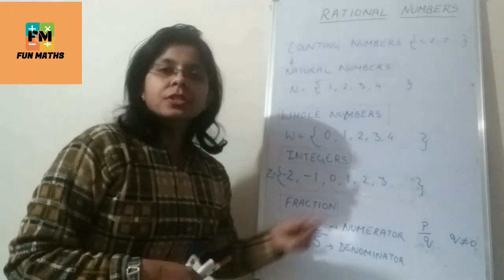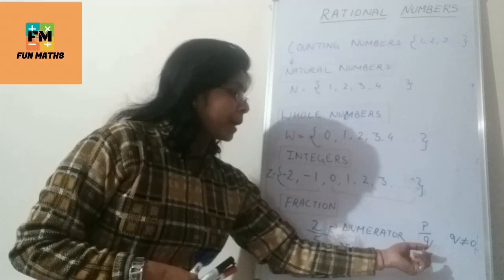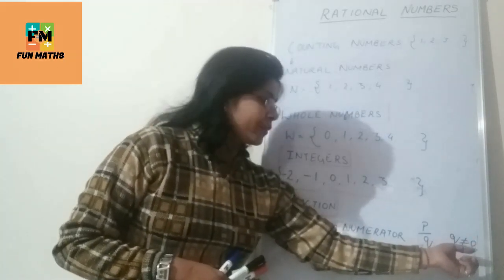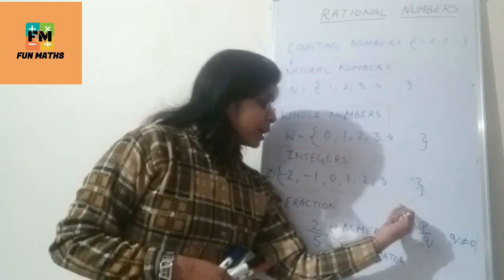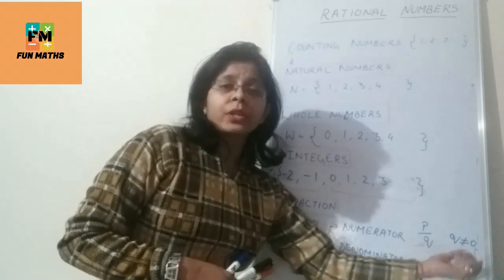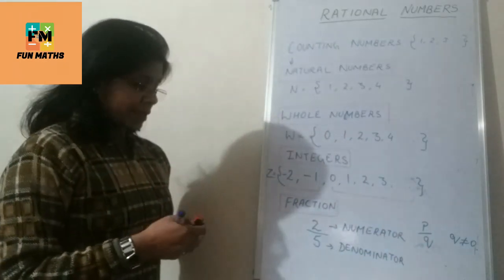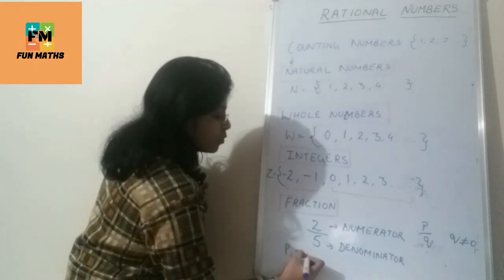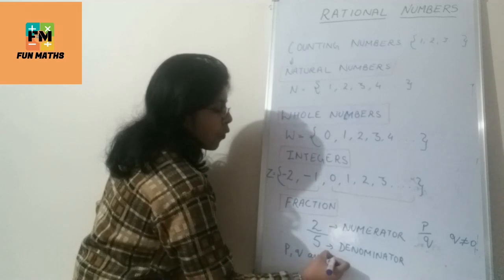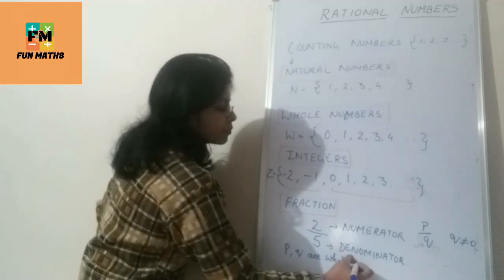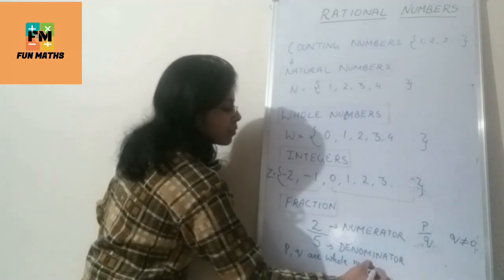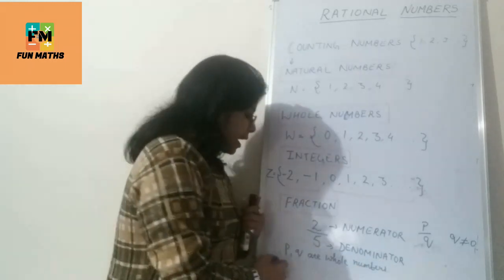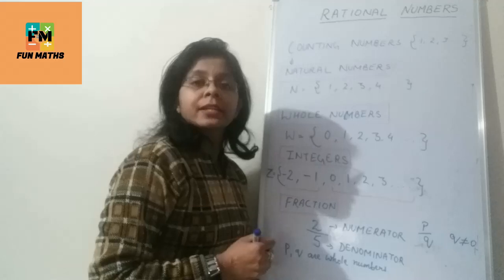So fractions are represented by p upon q, where q is not equal to 0. But here also in rational numbers I am telling you the same. It is represented by p upon q, where q is not equal to 0. Now what is the difference? See, in fractions p and q are whole numbers, whereas in rational numbers p and q are integers.